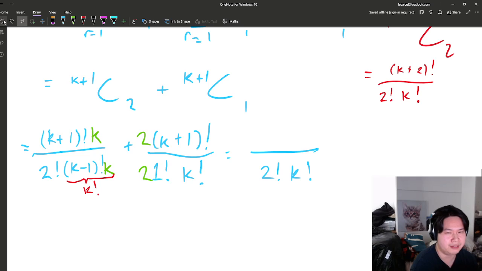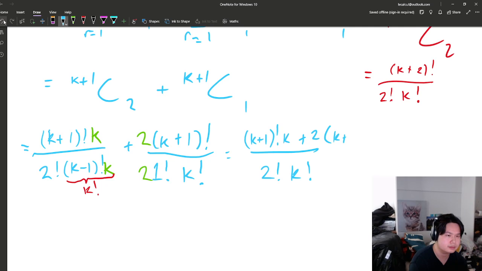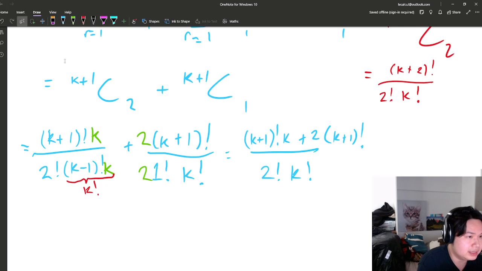And then let's look at what we have at the top. Okay. So this is why it's nice to write down what you should be getting, because you kind of know what direction you're heading in.